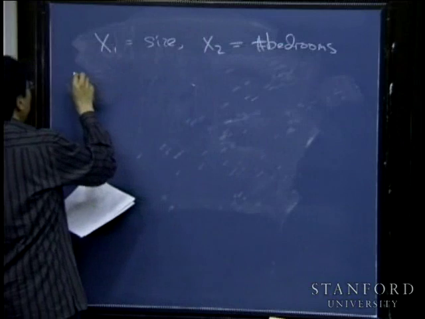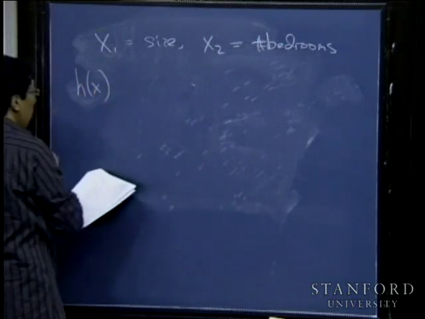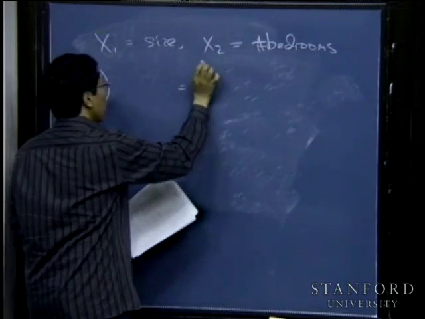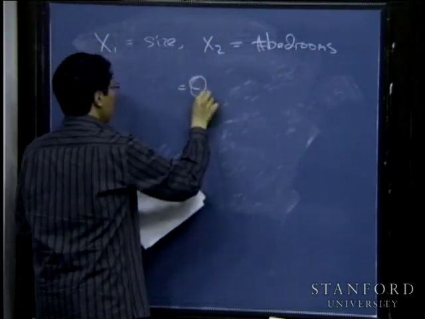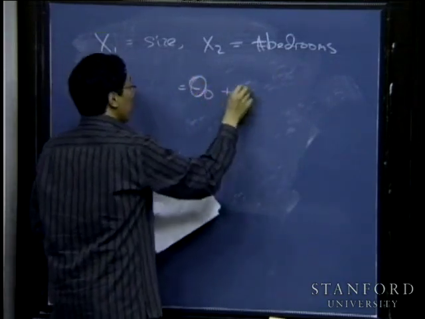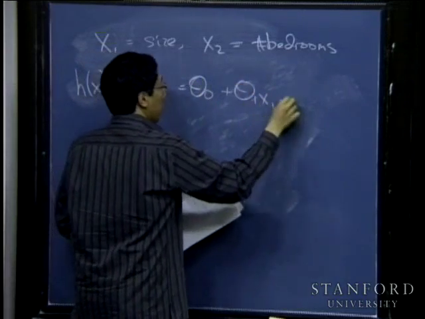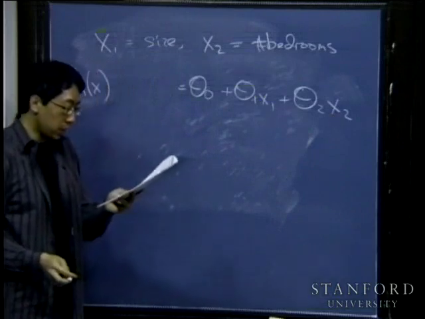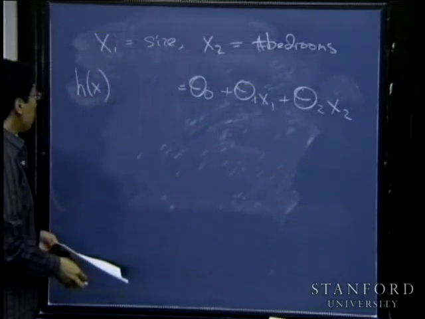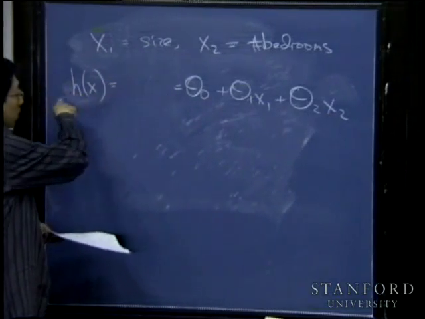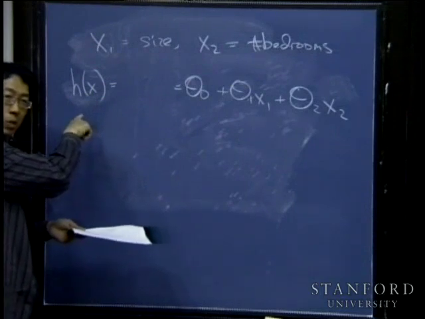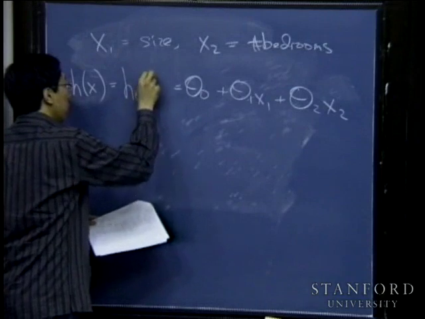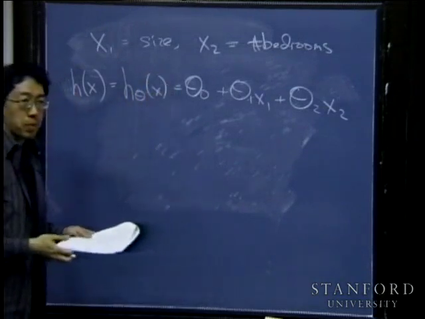Then I would write the hypothesis h of x as theta 0 plus theta 1 x1 plus theta 2 x2. Sometimes, when I want to make its dependence on the thetas explicit, I'll write this as h subscript theta of x.